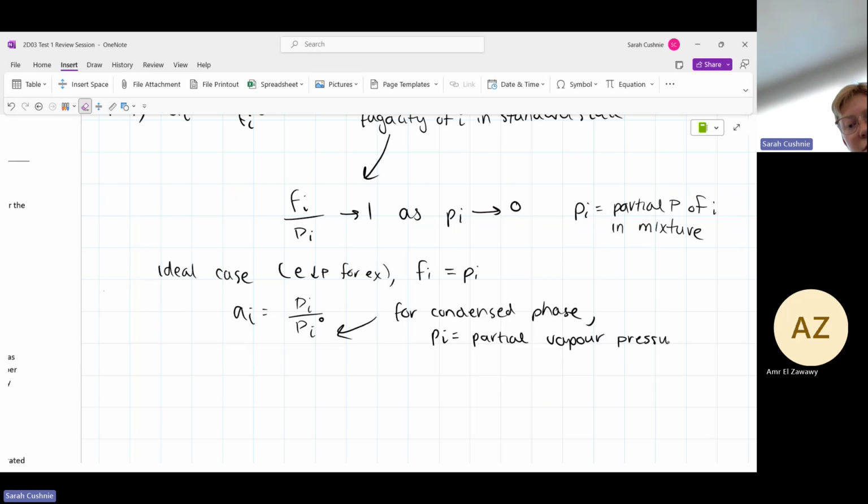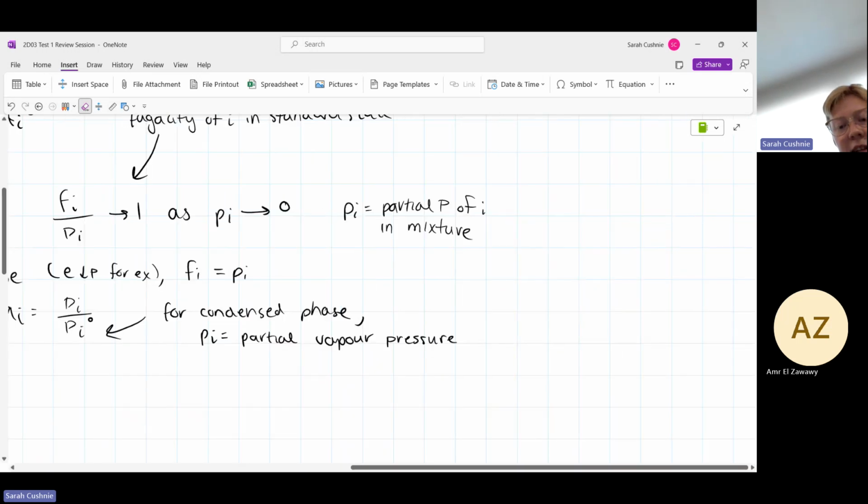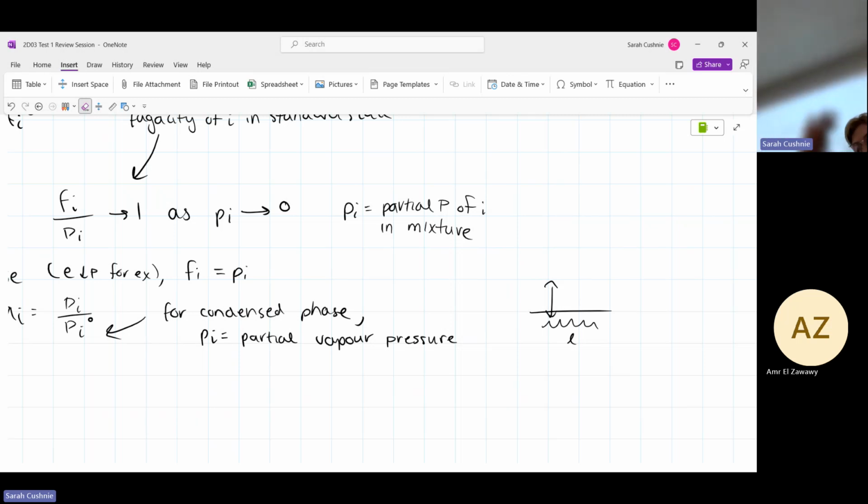And this is a side note: let's say we have a liquid. Even if it's quote unquote all in liquid form, there's still going to be some sort of equilibrium going on between the liquid form and the gaseous form. So we're going to have a little bit of gas no matter what, and this gives the partial vapor pressure.